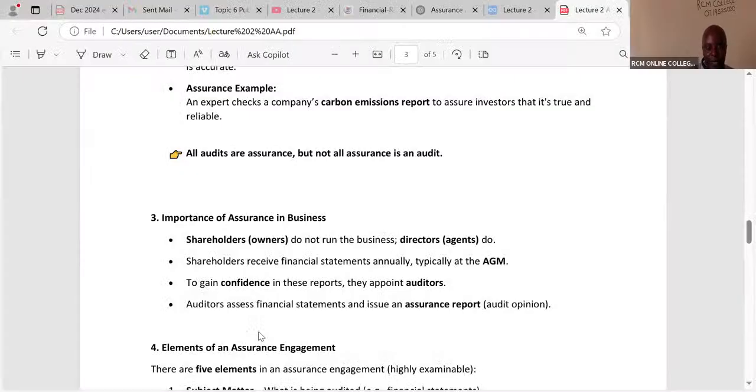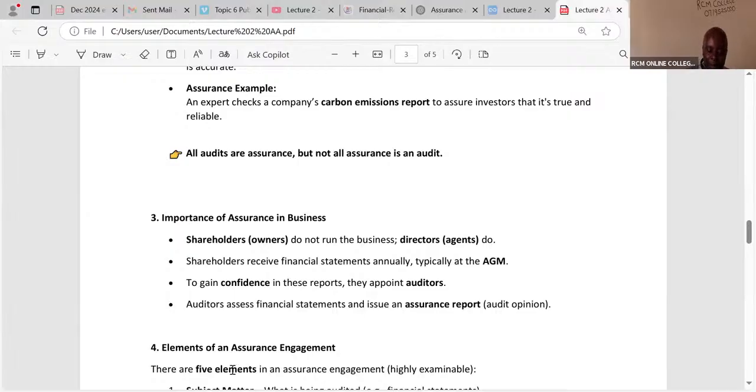So then we have elements of any assurance engagement, and I've told you audit is part of the assurance engagement. Remember, an assurance engagement, for it to be valid, must always have 5 elements. You may forget about everything, but you shall never forget the elements of an assurance engagement.